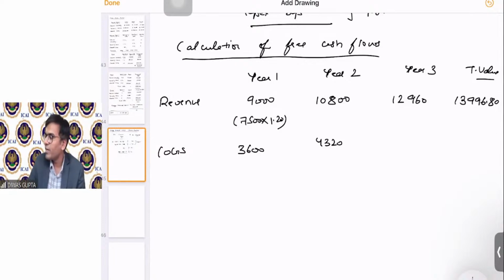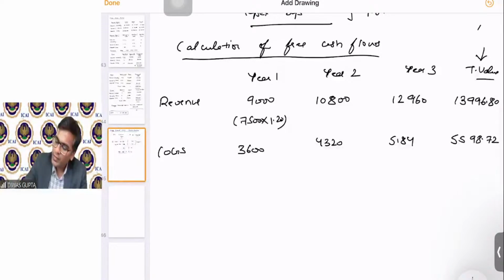Then it will grow to 5,184 in year 3. And finally, it will grow by 8%. So 5,598.72 for terminal value. And just to tell you students, for this terminal value, these are the year 4 end values that are getting computed.